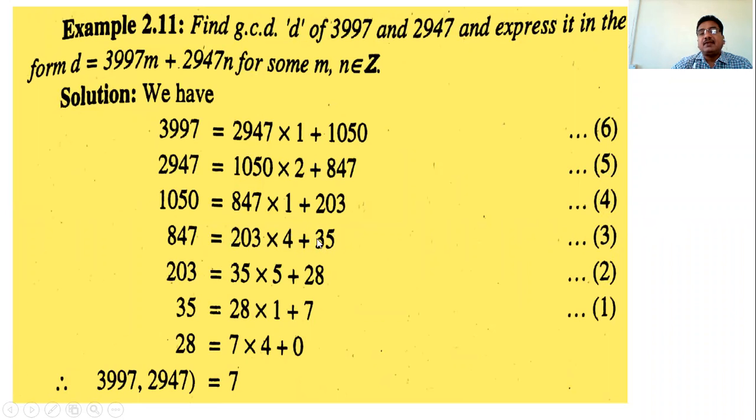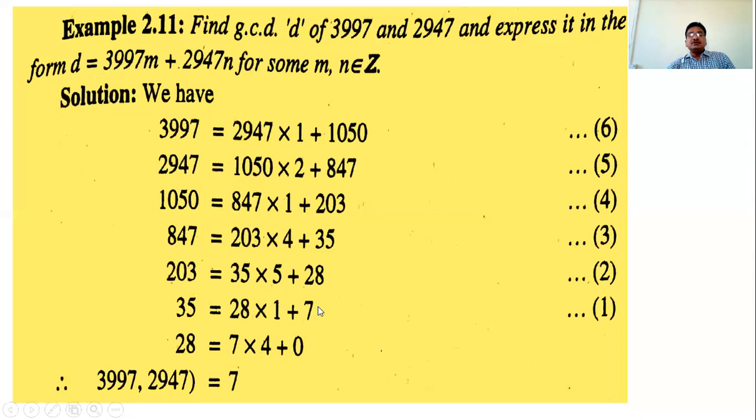That is, 35 is 847 minus 203 into 4. If the question is to express 203 in this form, then start from this equation. If the question is to express 847 in this form, then start from this one.